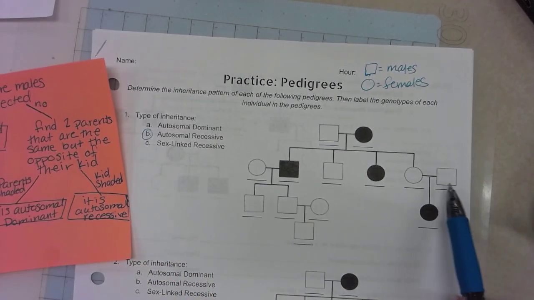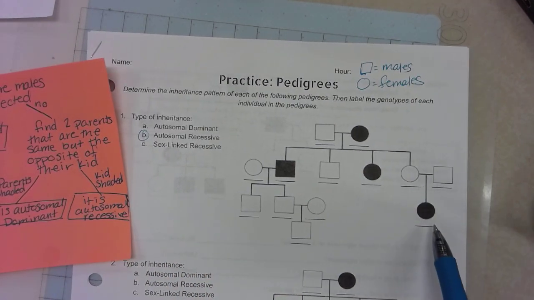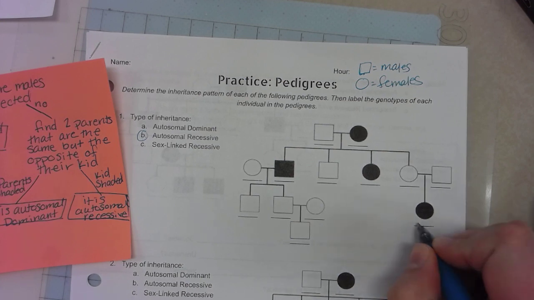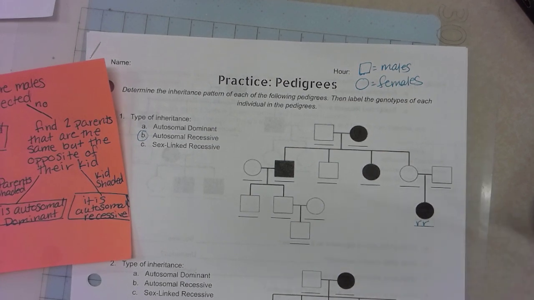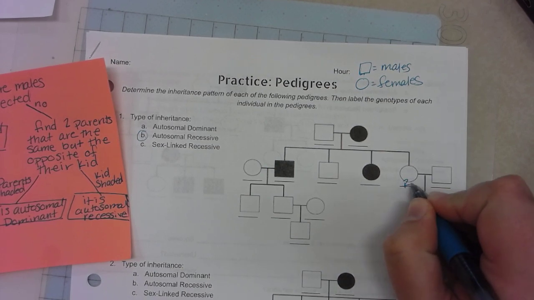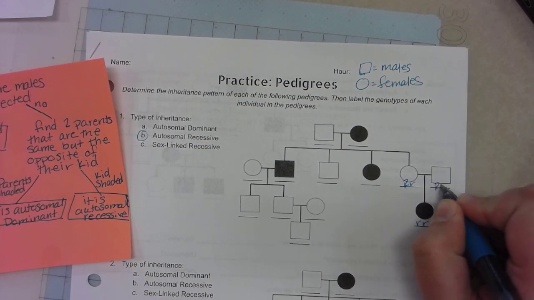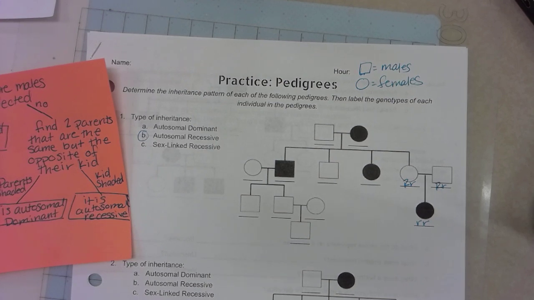Whenever you are looking at 2 parents that are the same and a kid that is different, the kid is always going to be homozygous recessive, or 2 little letters, and the parents are always going to be heterozygous, or big R, little r.